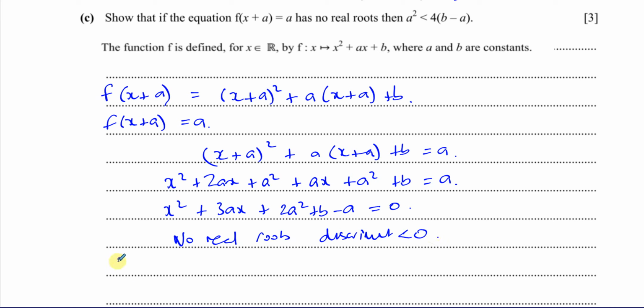And the discriminant is b squared minus 4ac. What you have to be careful of is that the b and the a in this formula are not the same as the b and the a in this equation here. b squared minus 4ac has to be less than 0. That refers to when you have ax squared plus bx plus c equals 0. When you're solving this equation and b squared minus 4ac is less than 0, then it has no real roots.